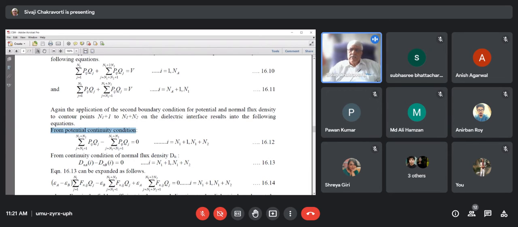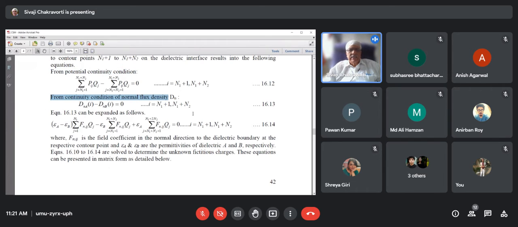So from 16.10 and 16.11, I get n1 number of equations. From 16.12, I get n2 number of equations. Still, I need n2 more equations because the total number of variables is n1 plus 2 n2. So we go to the next boundary condition, that is the normal component of flux density. That is typically the Laplace's equation condition. I have taken the right-hand side as 0, that is dNA minus dNB is 0.